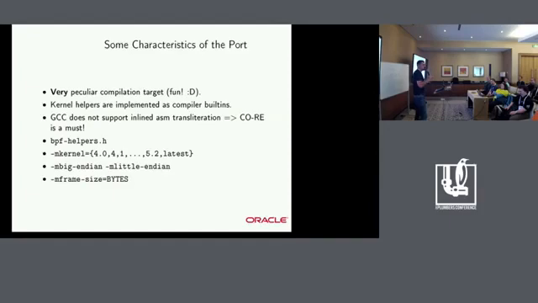It looks pretty harmless and nice, but trust me, it's not. Because there are some omissions in the instruction set, which come from, probably, security concerns or the way the instruction set has been designed and evolved, that make compiling BPF challenging.